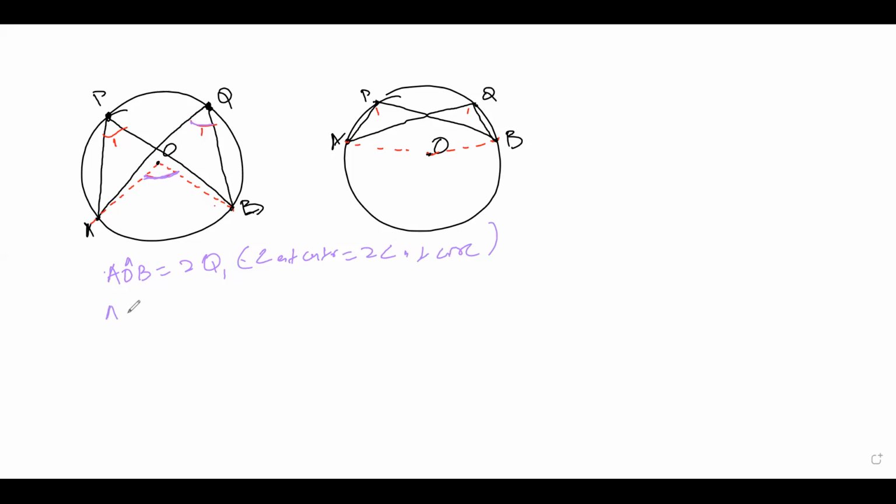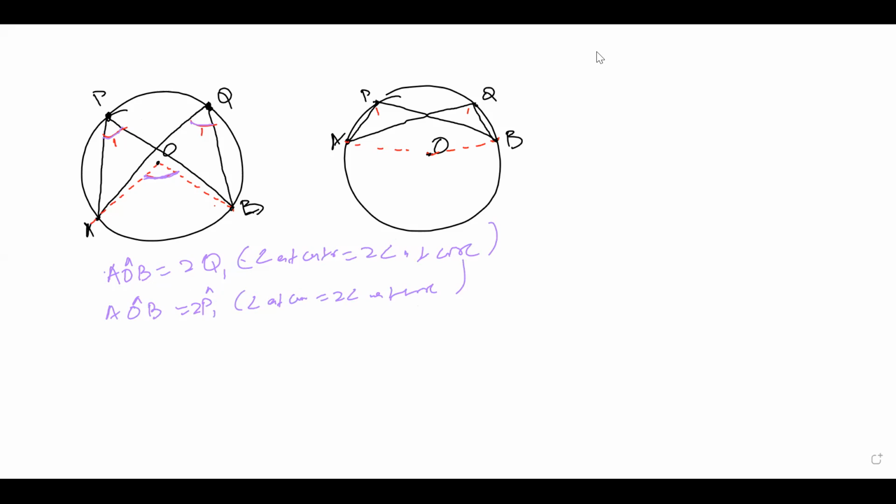Also, can you see that angle AOB is also twice P1, because P1 is also at the circumference, subtended by the very same arc AB. Same reason: the angle at the center is twice the angle at the circumference.